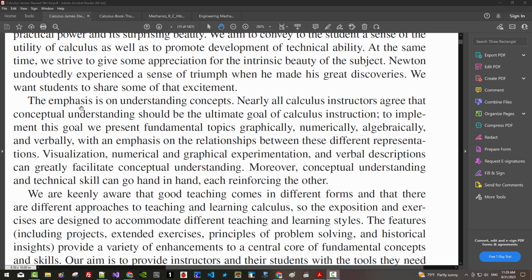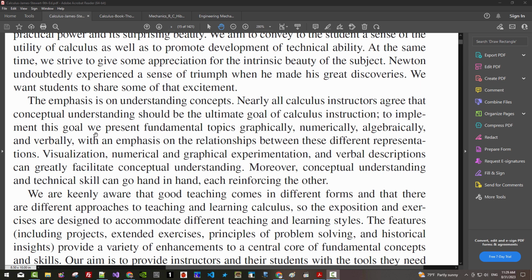The emphasis is on understanding concepts. Nearly all calculus instructors agree that conceptual understanding should be the ultimate goal of calculus instruction.